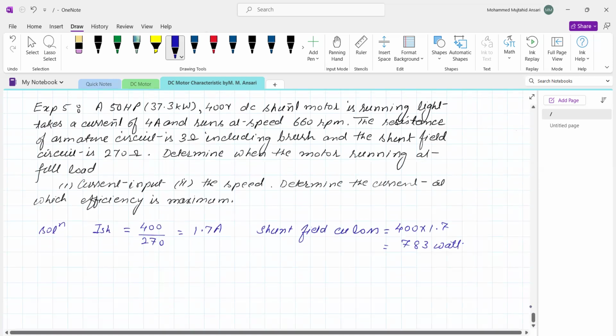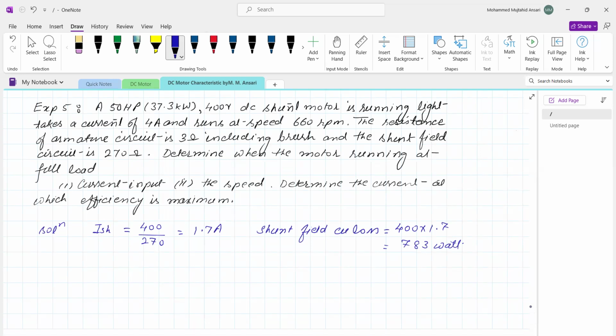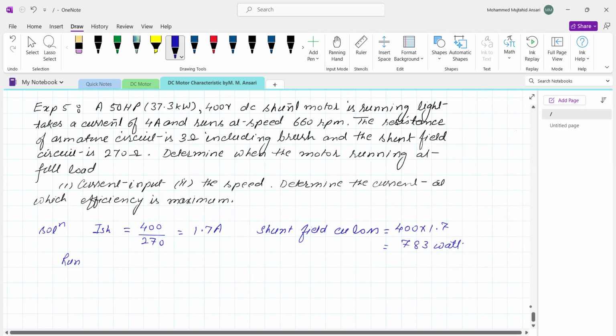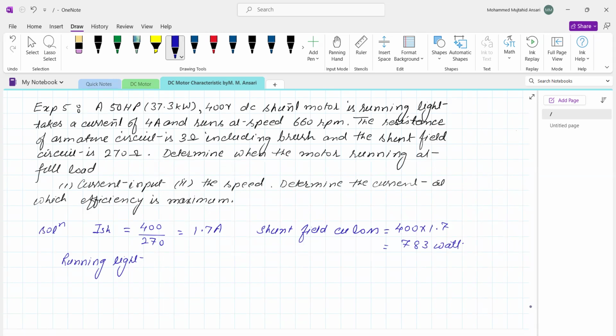Now first is the running at no load condition, or here it is given as running light. Light means it is at light load condition, or running at no load condition. So what is the armature current?